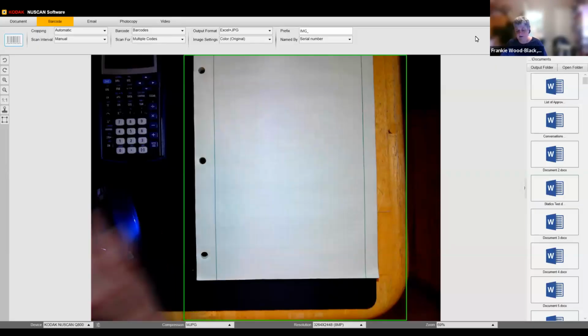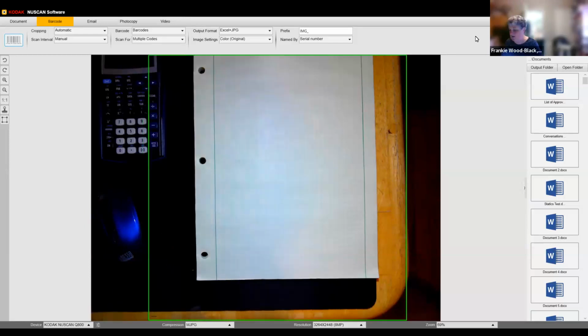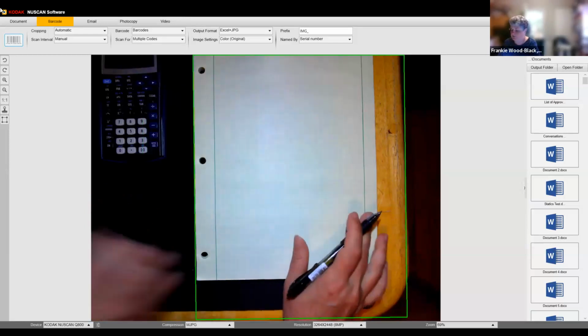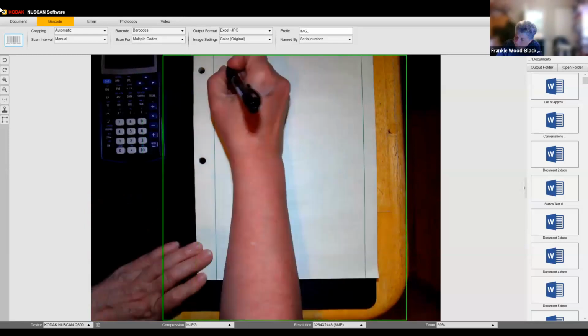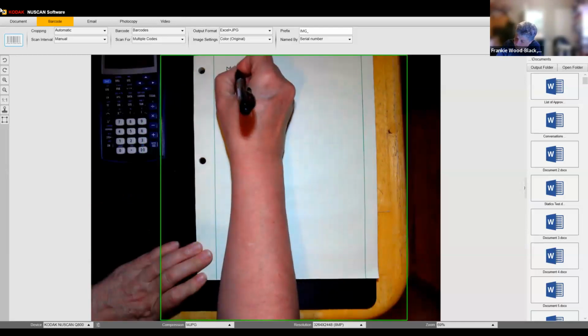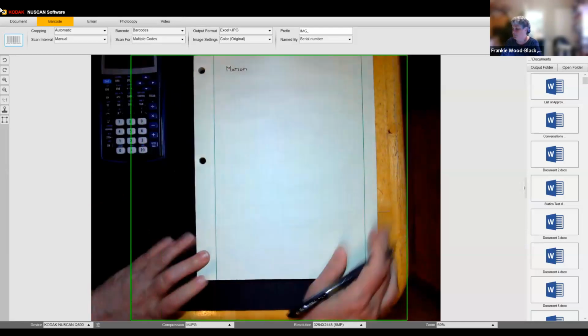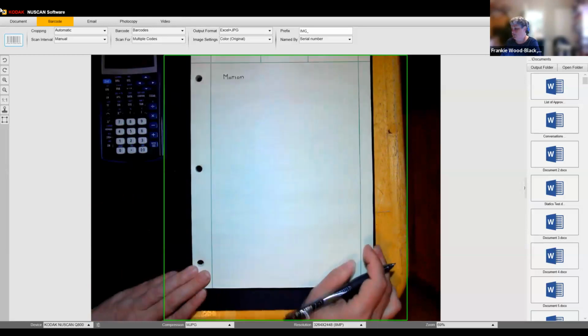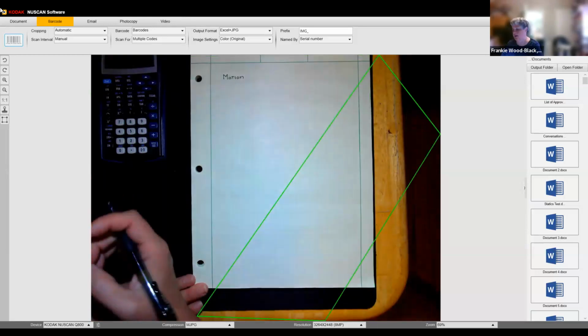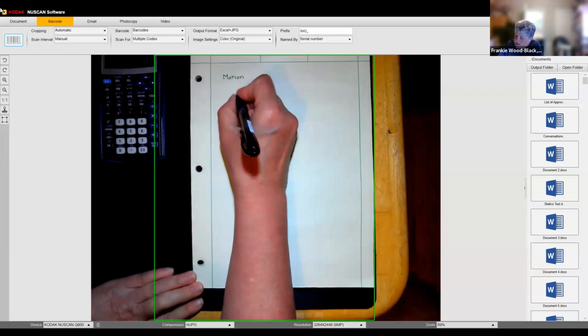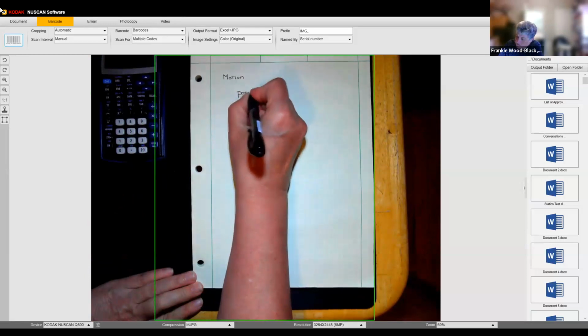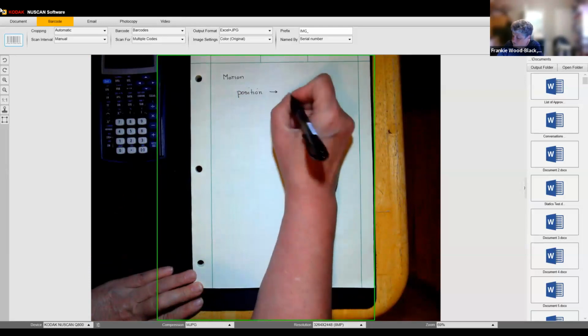All right, so let's start talking about motion. I already mentioned just a second ago that if I'm looking at position, I'm defining a starting point.